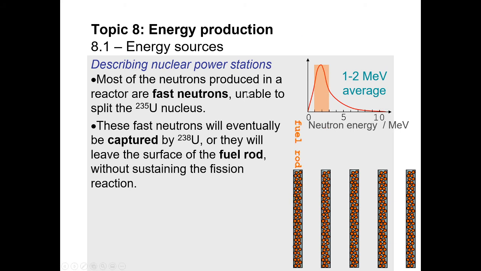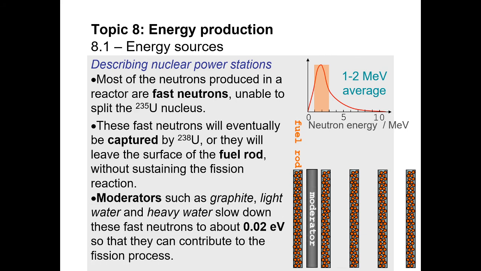So a couple things can happen. These fast neutrons will either be captured by uranium-238. Remember, these fuel rods of uranium, even though we enriched it so that it has more uranium-235 than what it started with, it still has uranium-238. We never removed that. So the neutrons can just be captured by the uranium-238, becoming uranium-239, or they can just leave the surface of the fuel rods.